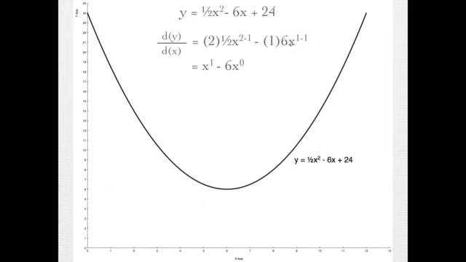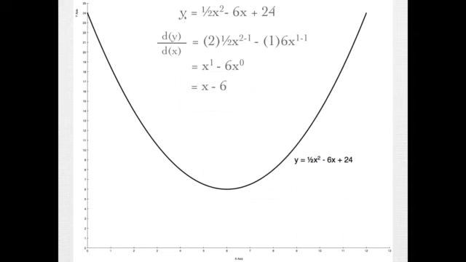We do the same thing for 6x. We multiply by 1 at the beginning. So we have 6x to the 0 power. So we have 1 multiplied by 6, which gives us our 6. And the power is 1 minus 1, which is equal to 0. X to the 0 power is equal to 1. And we drop the 1 off of here.